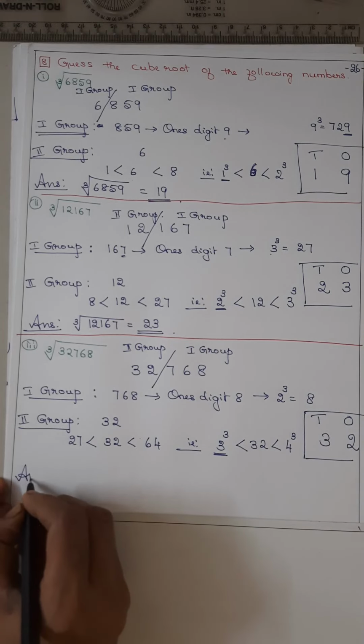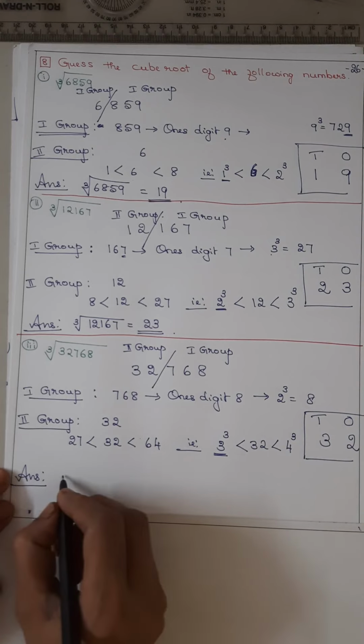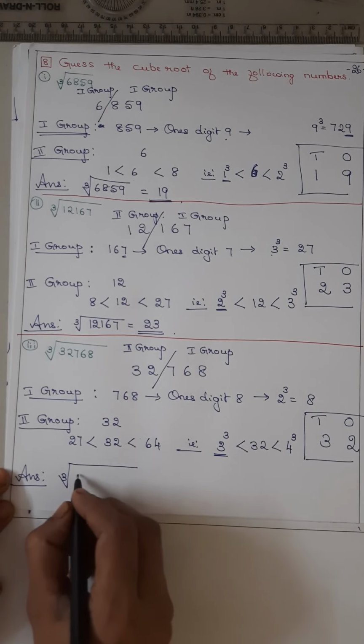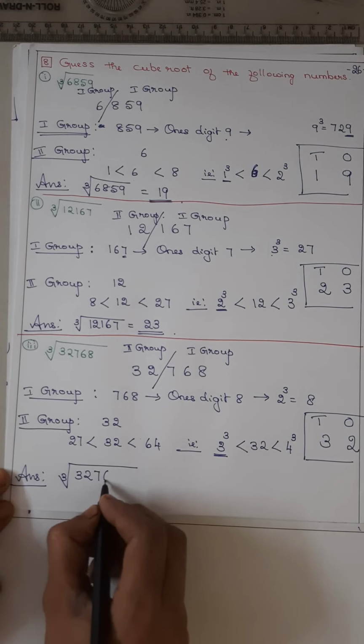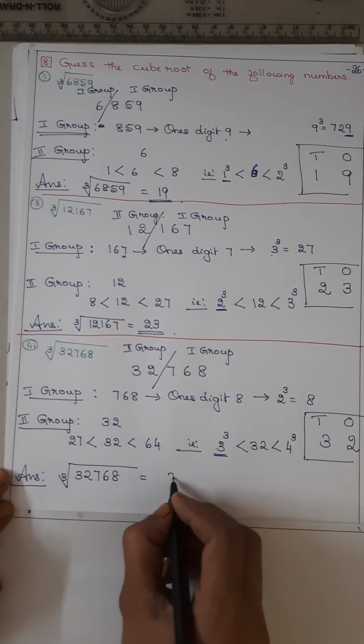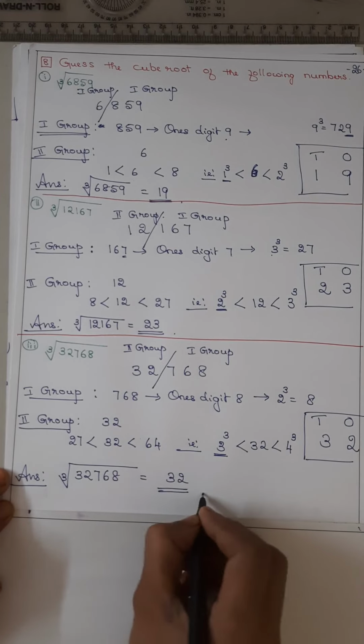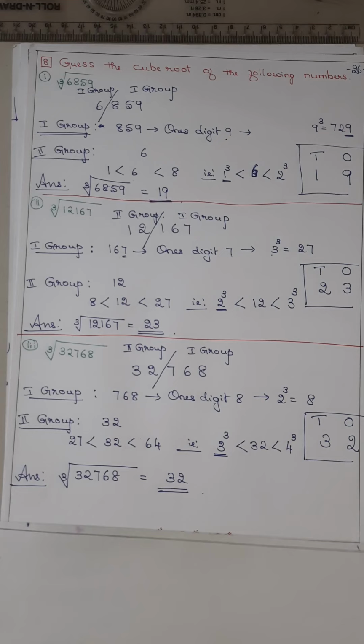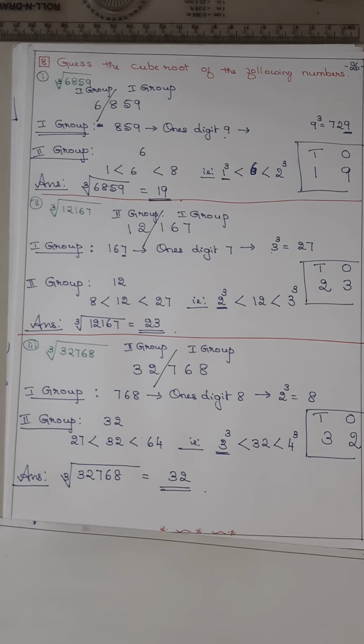So the answer is cube root of 32768 is 32. Is it okay?